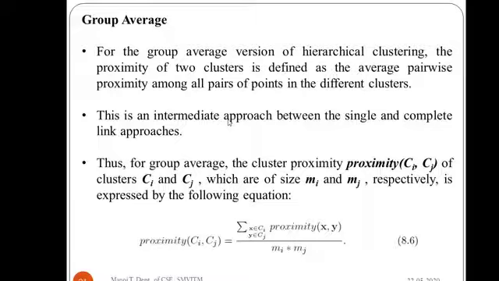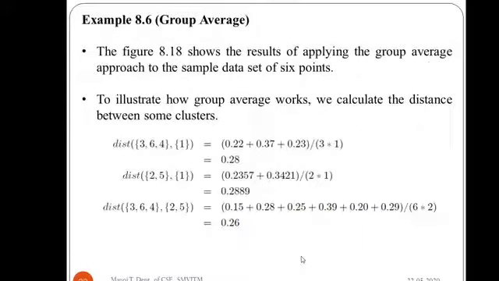It's very simple: the summation over all x belonging to cluster Ci and y belonging to Cj of the proximity of x and y, divided by size mi times size mj. If you do this, you will get the proximity of Ci and Cj for group average.